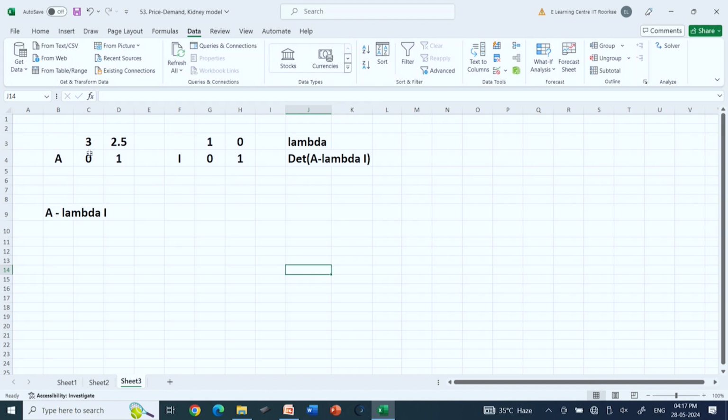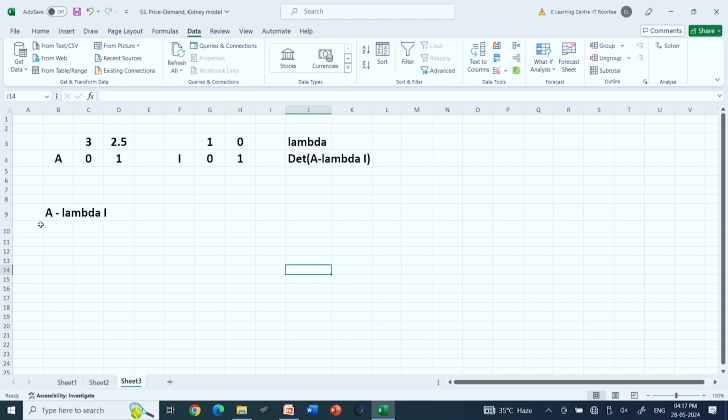The very first thing is, I have taken an arbitrary matrix, that is 3, 2.5, 0, 1, and I can easily see that the eigenvalues of this are 3 and 1. So I know the result of this eigenvalue. Then I write the identity matrix. Then I put the lambda and I put A minus lambda I, and then determinant of A minus lambda I. So basically I need to solve determinant of A minus lambda I equal to 0.